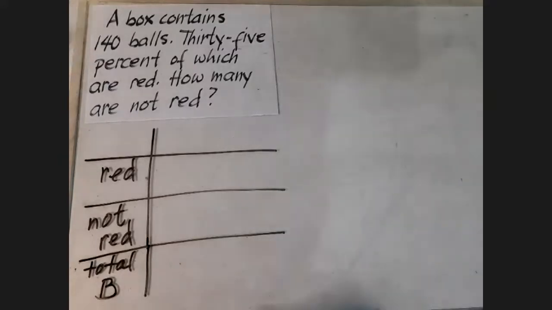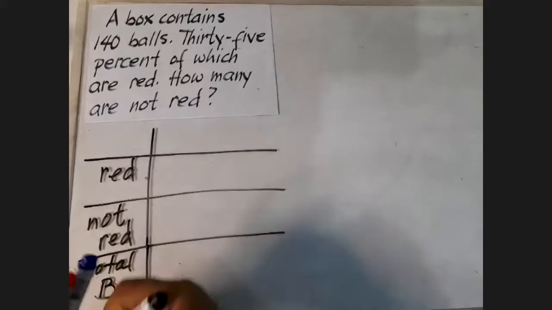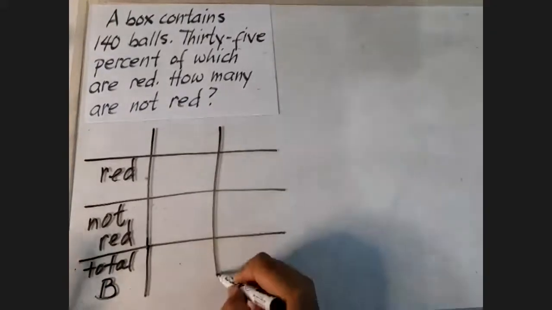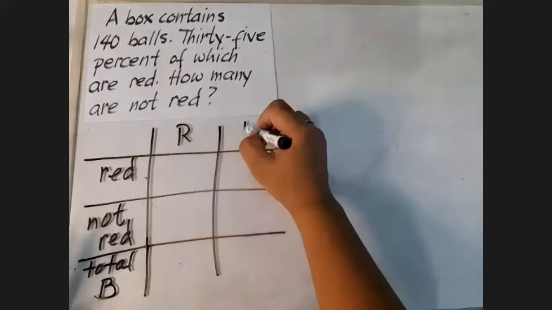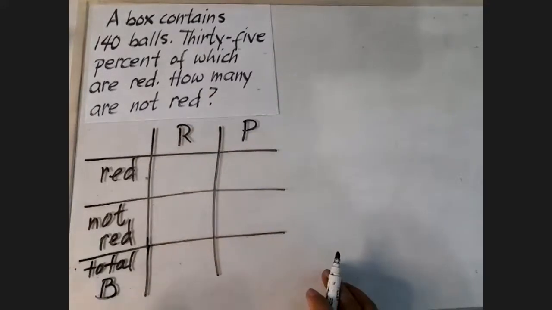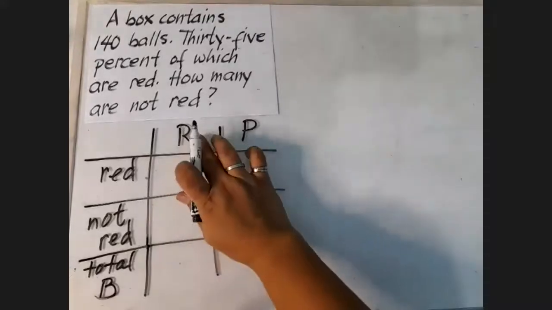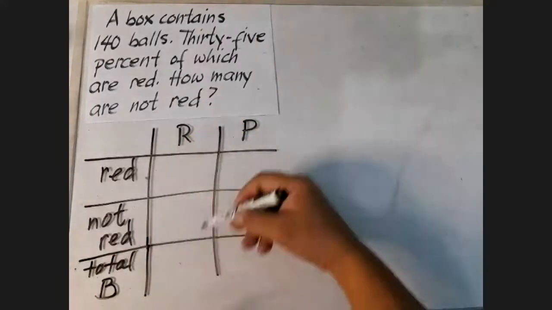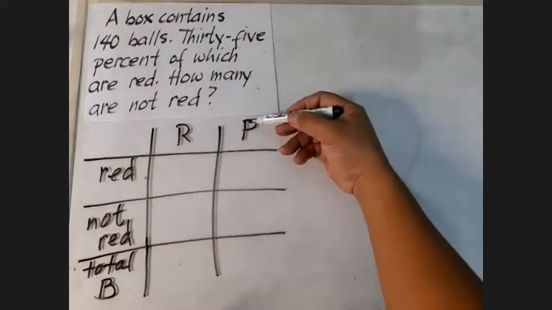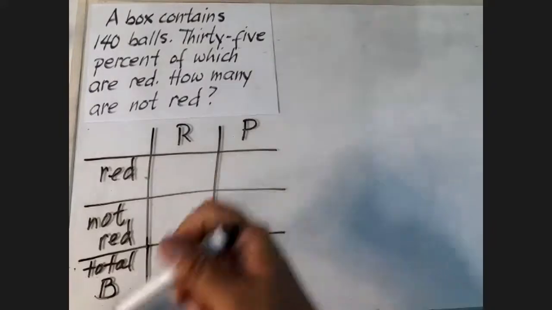Yun yung base, total. Now, we'll add two columns more, one for the rate and the other for the percentage. Okay? So, rate, percentage, ito yung base. Ang base natin, horizontal. Ang rate natin, vertical. Ang percentage, vertical.